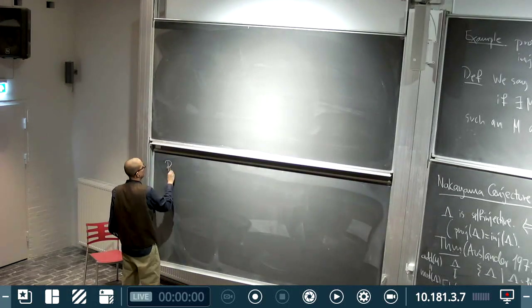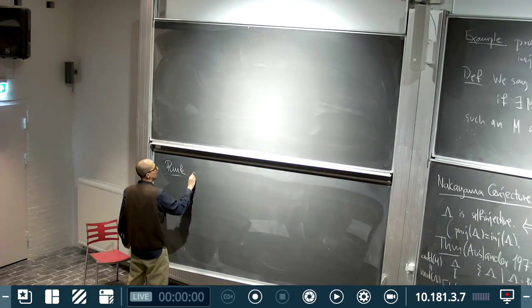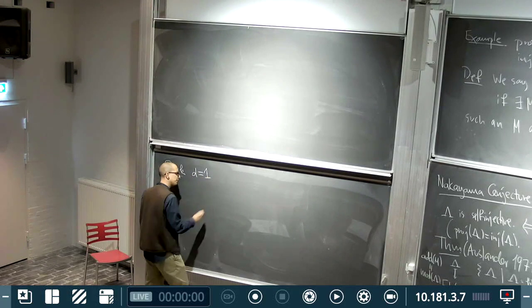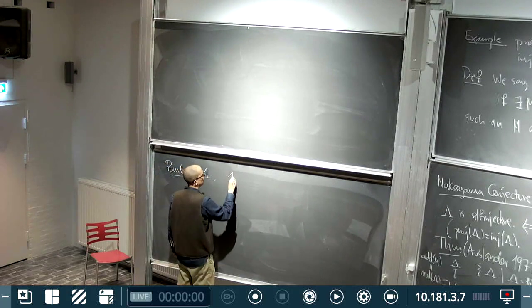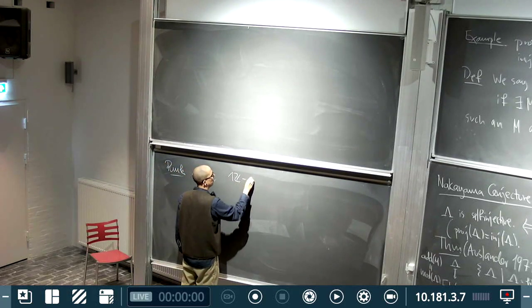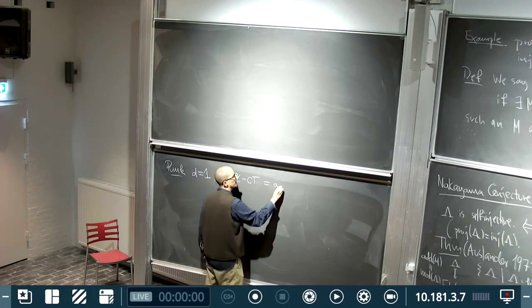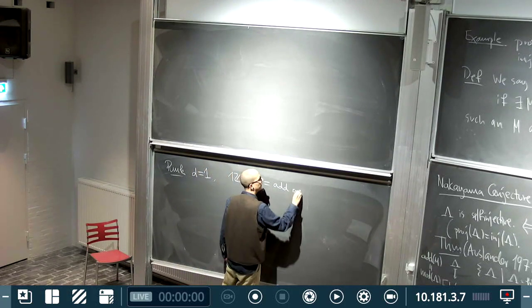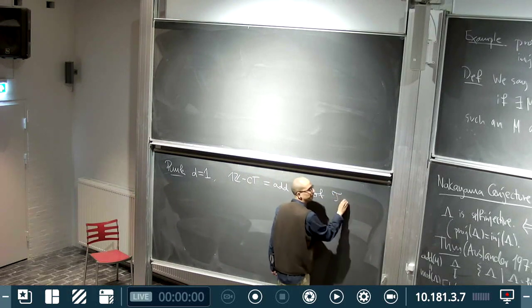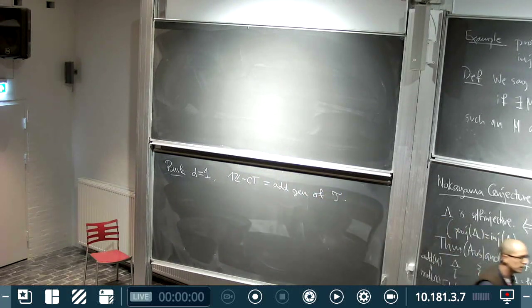So the same remark as before applies. For d equals 1, we have that 1-cluster tilting is the same as an additive generator of T, because again the so-called cluster tilting condition, this vanishing of extensions, is empty. So every object of T lies in the additive closure of this distinguished object.